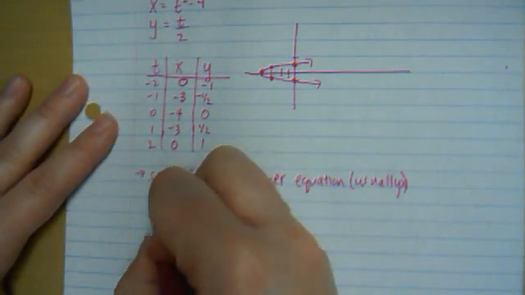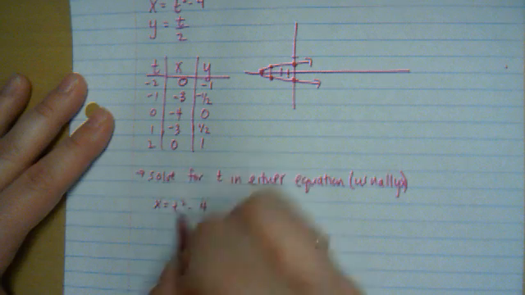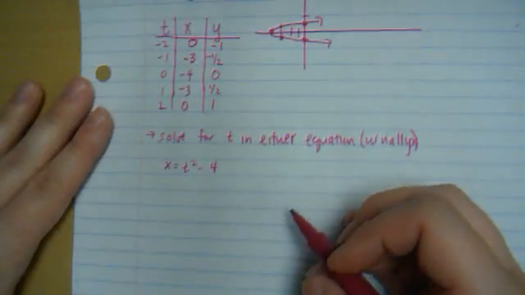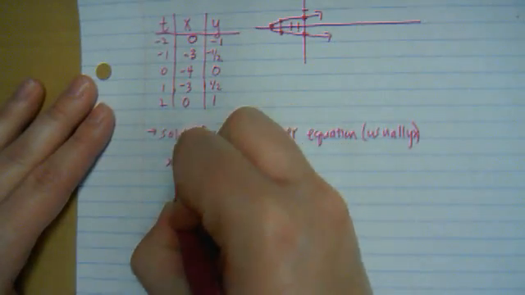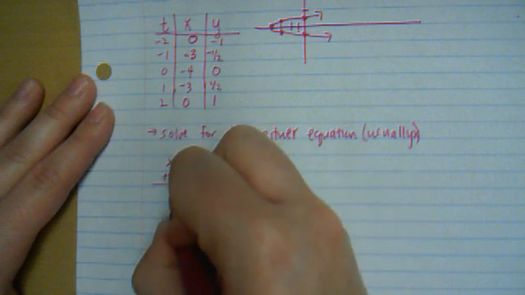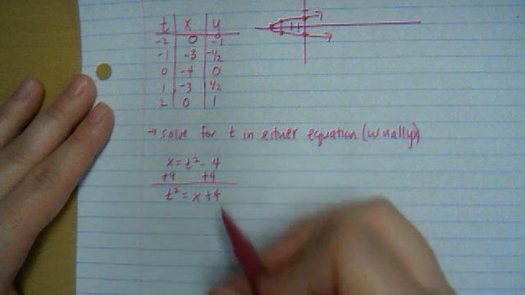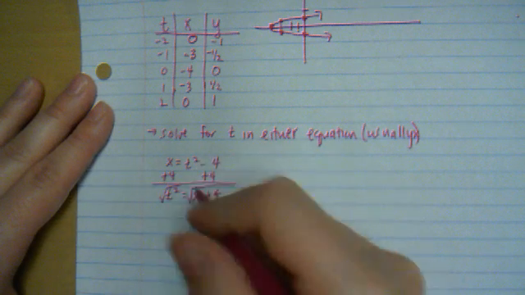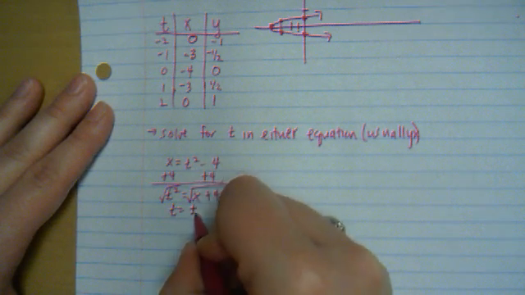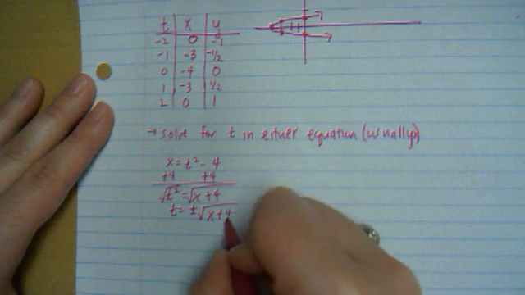So I'm going to take the x equals t squared minus 4 and I'm going to solve for t. Okay, well to get t by itself I need to add 4 to both sides. So I get t squared equals x plus 4. Okay, to get rid of the square, I square root. So t equals plus or minus the square root of x plus 4.